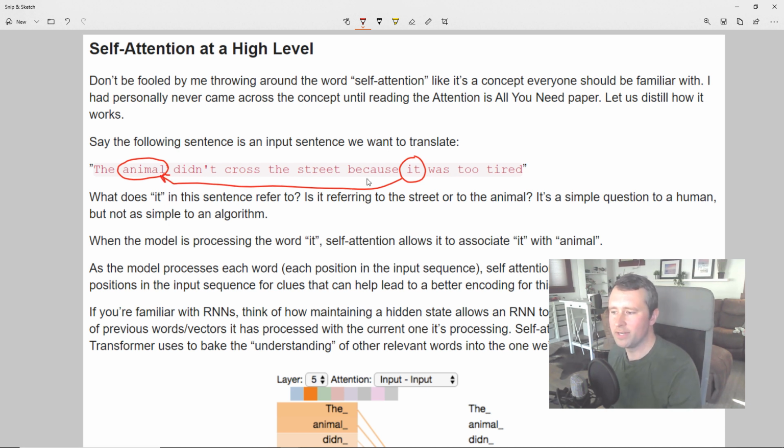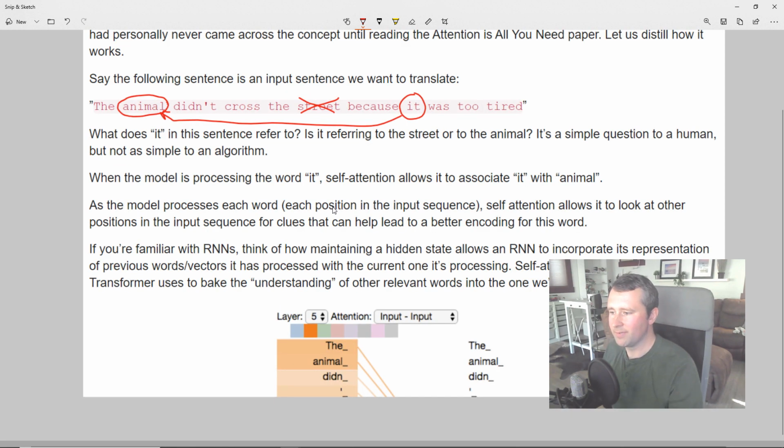And not only that, but it needs to know that "it" does not refer to this other possible subject, the word "street". So that's what self-attention does. It allows the model to associate the word "it" with the word "animal".